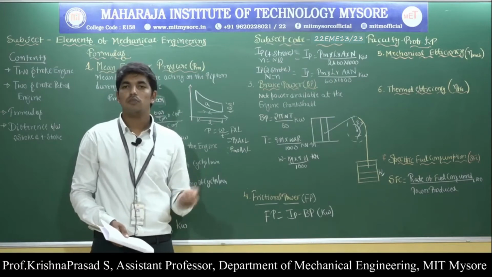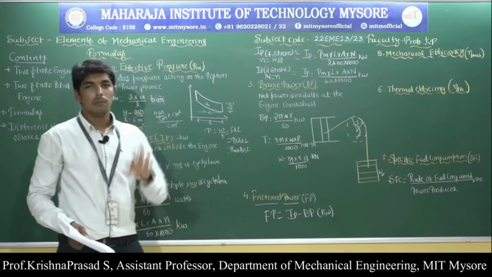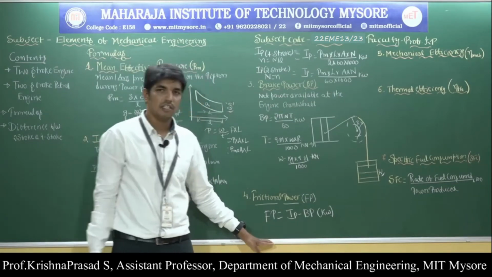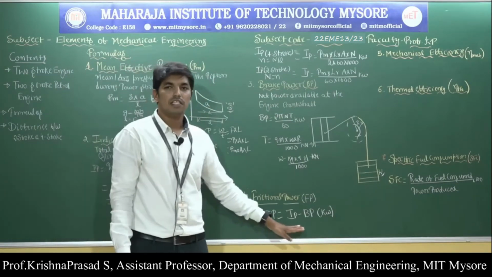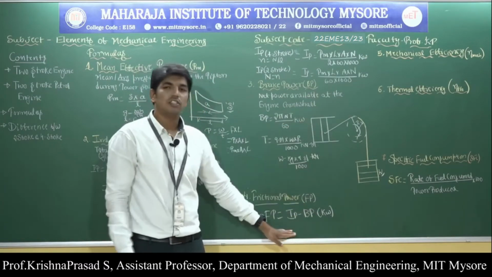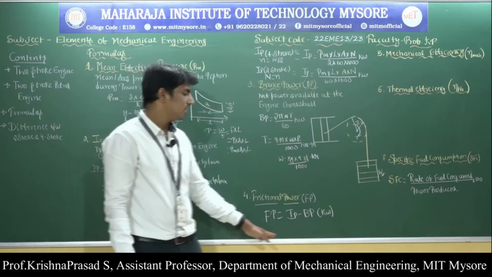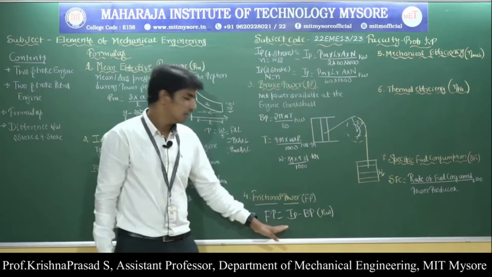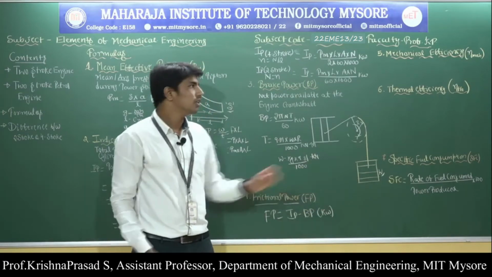Due to friction between these moving parts, power is lost, and that is called the frictional power. It is the total power developed inside the engine cylinder minus the net power available at the engine crankshaft, that is IP minus BP, expressed in kilowatt.